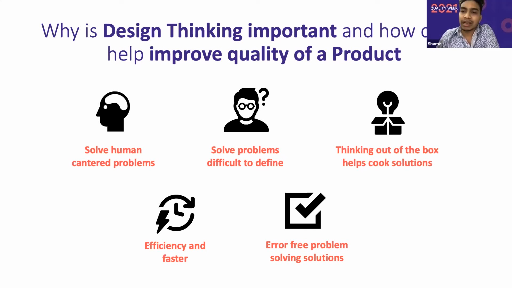Next up, we have efficiency and speed. Normally these design thinking processes, you can do in 5 days, or you can do a rapid design thinking process, where you get together and do it in a day. It's up to you. It's totally based upon the weight or the gravity of the product that you're trying to solve, or the feature that you're trying to solve, and also the time that you have.